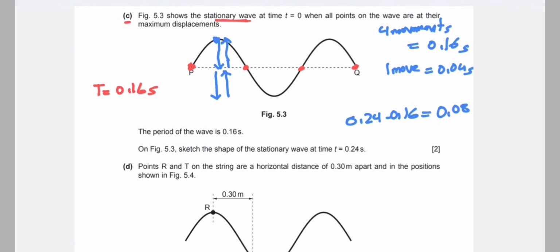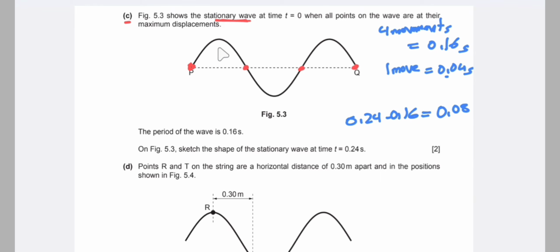So one movement means from the topmost point to this point is 0.04 seconds, and for 0.08 second, it moves from the topmost point to this point, that is 0.04, plus an additional 0.04 seconds to the bottom point. So now here we can see that it moves to the bottom point.